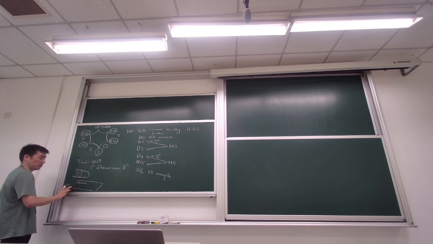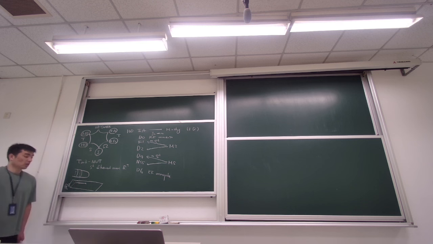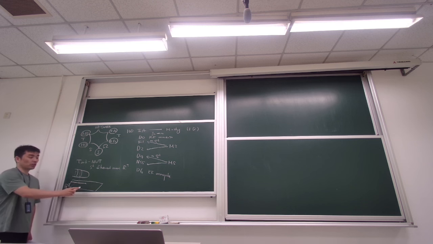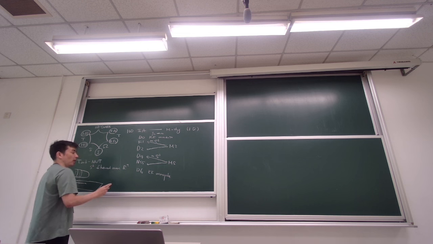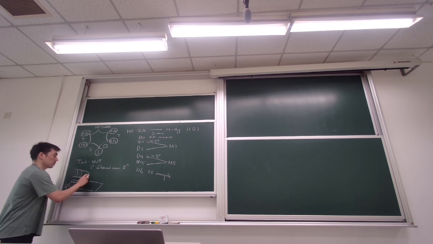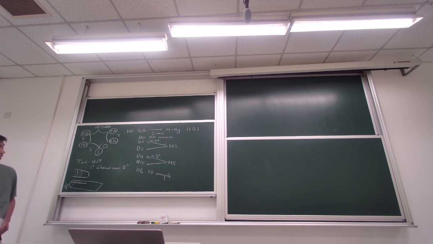The projection of this cigar is just a line. At the origin, the circle shrinks to a point, so this becomes the cigar geometry. And at the origin, this D6 brane will show up once you compactify this circle.